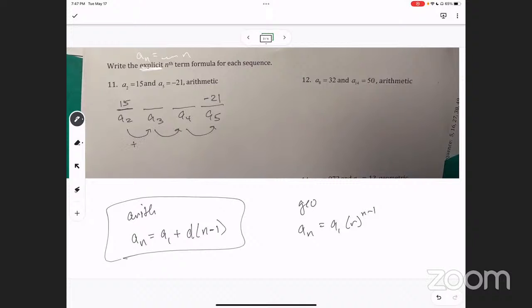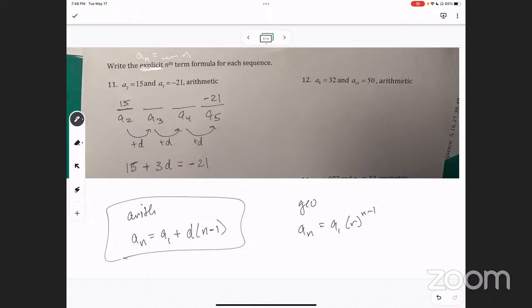You're adding the same amount each time, or subtracting. So when you had 15, how many times did you add d to that? 3. You added it 3 times, and then you got negative 21. That's right. So there's the formula you write to solve for d. Got it?